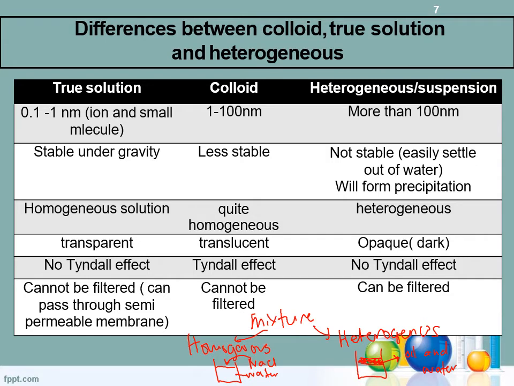True solution, colloid, and suspension are all mixtures. So what is the difference between true solution, colloid, and suspension? We need to look at the dispersed phase, or the size of the particles that are dispersed in the dispersion medium.